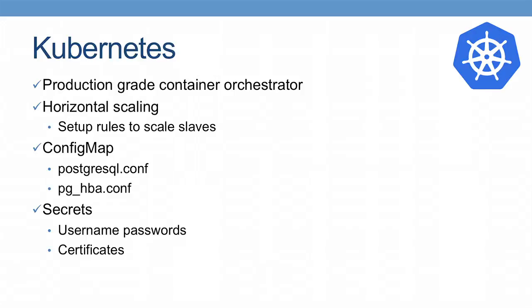The other common thing is certificates. If you are deploying in an environment like an enterprise, it could be that your Postgres deployment needs an SSL certificate to work with the end user client. There is something called secrets in Kubernetes that can be used for passing down the certificates.